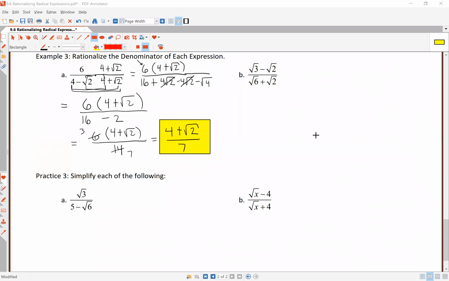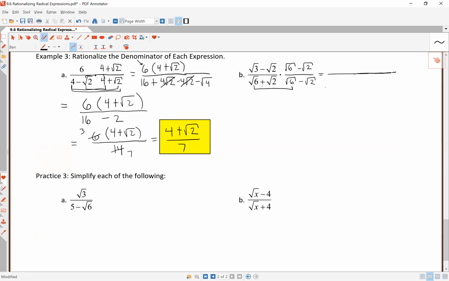In letter B, to rationalize the denominator, we're going to multiply top and bottom by the conjugate of square root 6 plus square root of 2. The plus sign means we switch it to the minus sign. And what we do to the bottom, we must also do to the top. Now we have to FOIL these out.